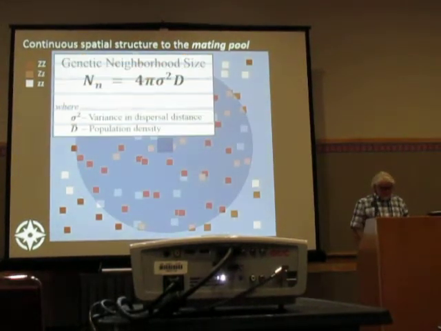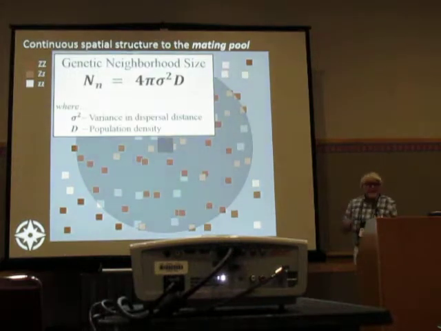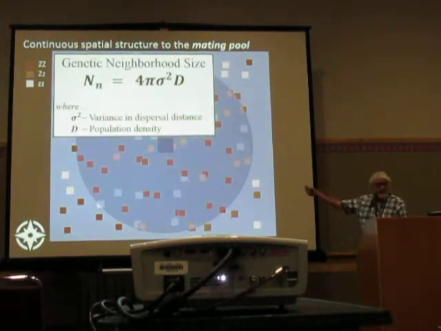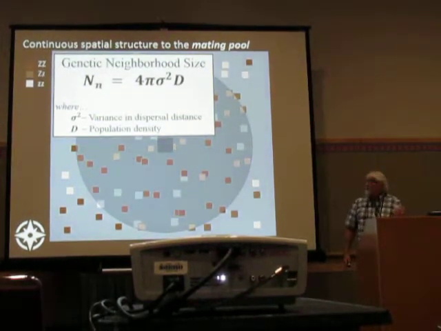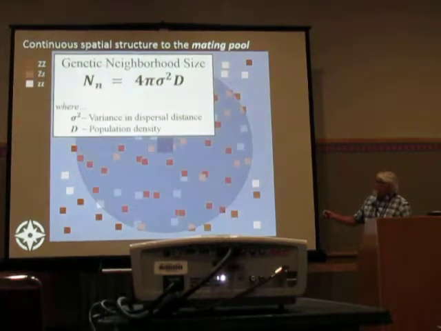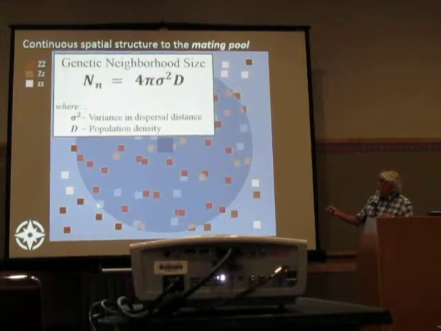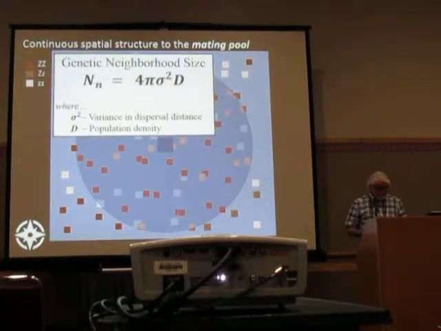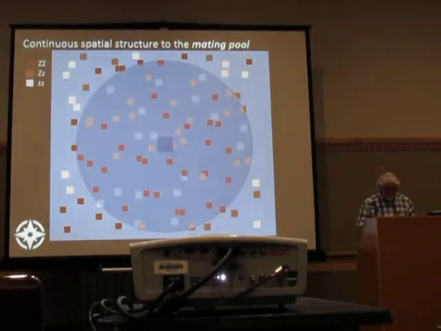And the number of individuals inside that radius is what Wright would have called the genetic neighborhood, and the number of individuals in the genetic neighborhood is equal to this, where we have 4 pi times the variance in dispersal distance, in this case of pollen, times the density, and that's the number of individuals that you can think of as being in the mating pool, okay?